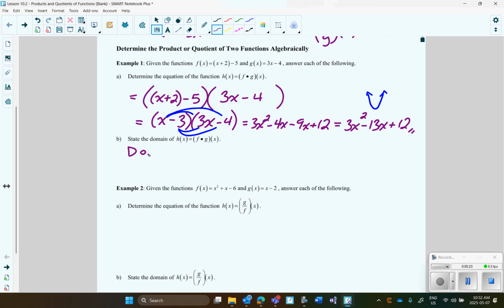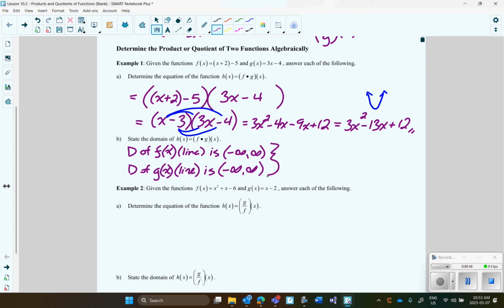So the domain of f of x, because it's a line, is negative infinity to positive infinity. The domain of g of x, which is also a line, is also negative infinity to positive infinity.